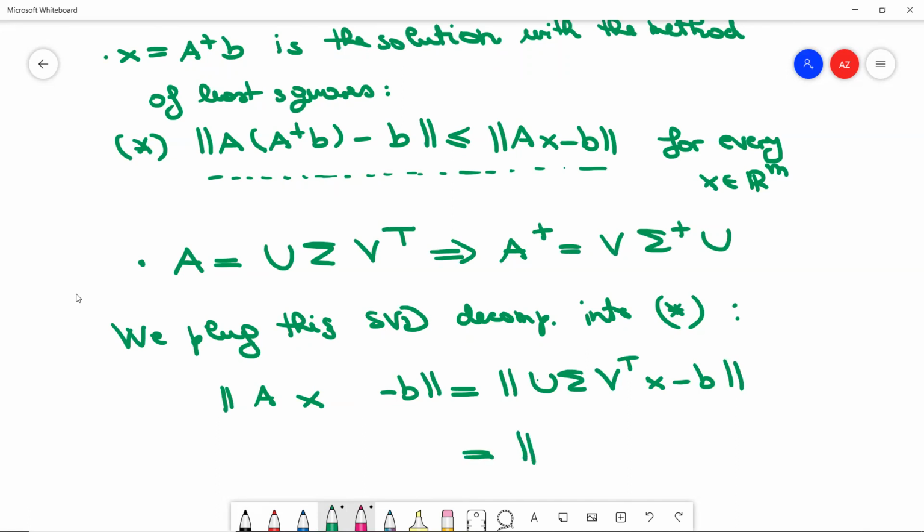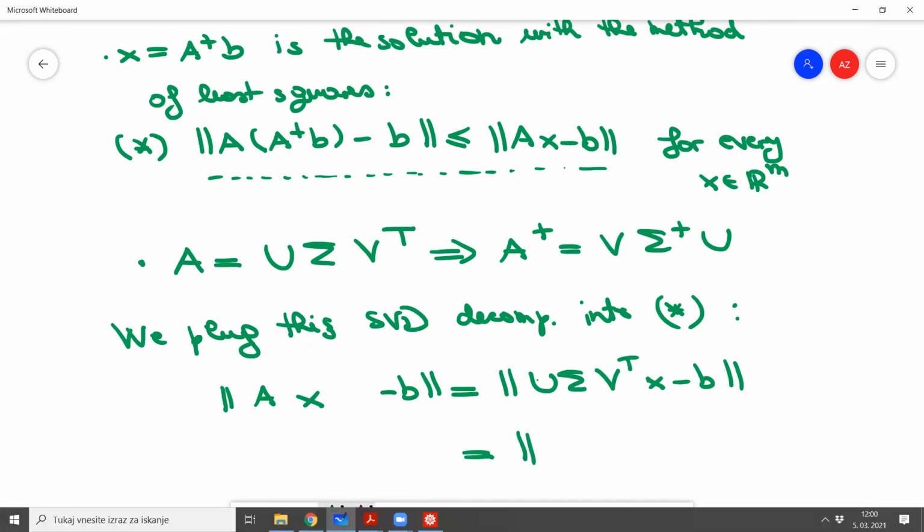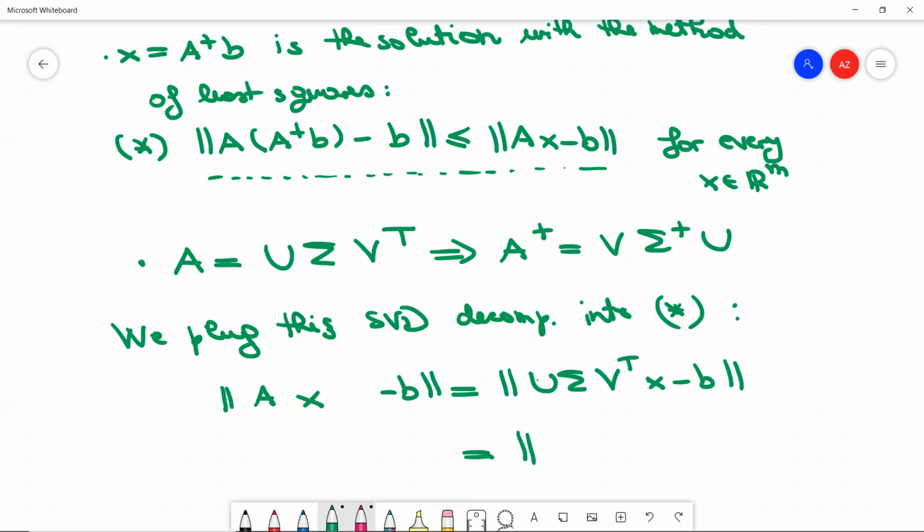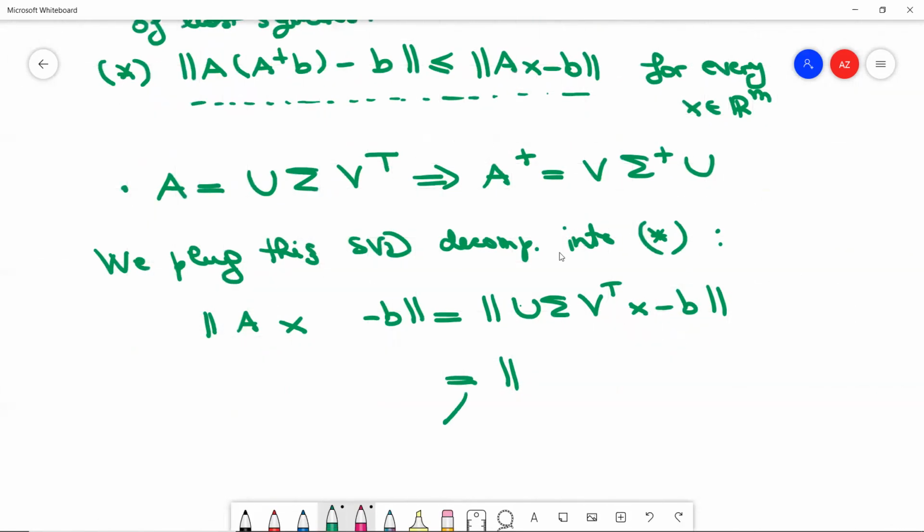And then here you can use that since U is an orthogonal transformation, it doesn't change the norm of the vector. The norm of U transpose X is equal to the norm of X, since U is orthogonal.